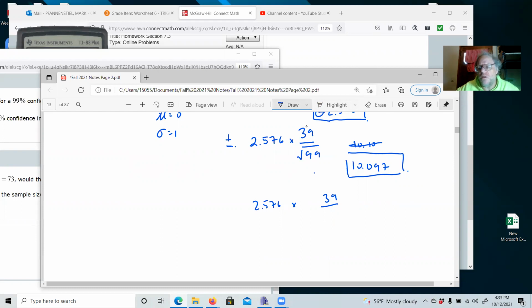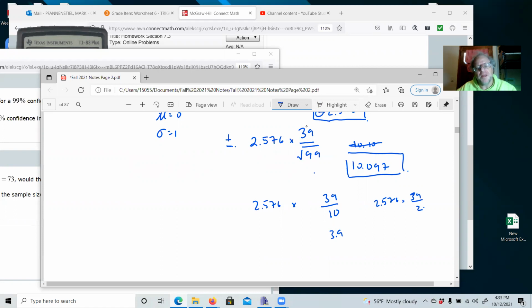Which is going to be bigger, 10 or 2.576 times 39? Let's pretend it was 4. What's 39 over 10? That's like 3.9.